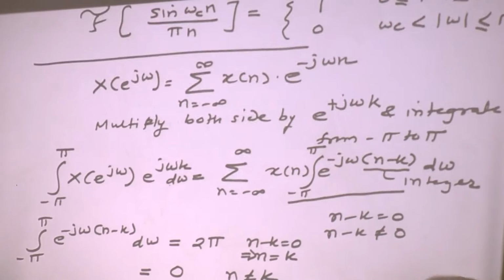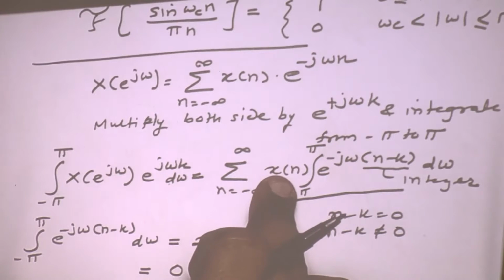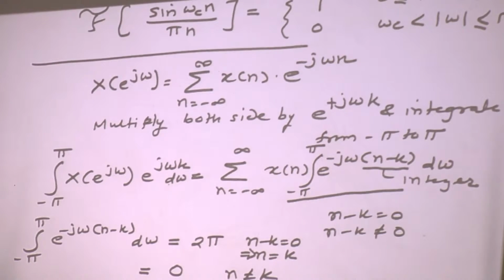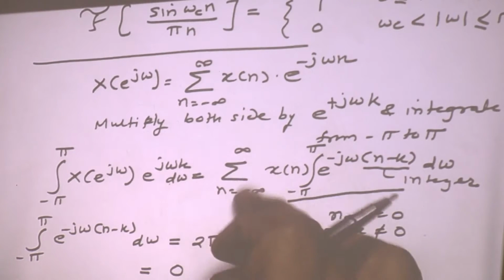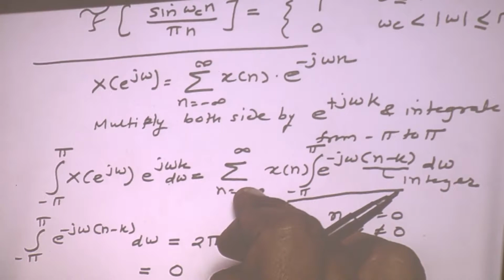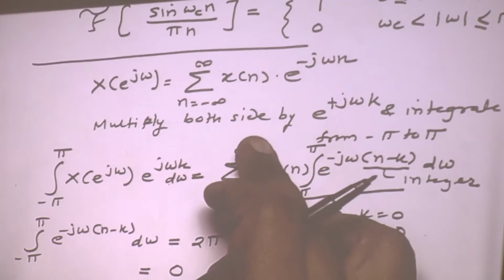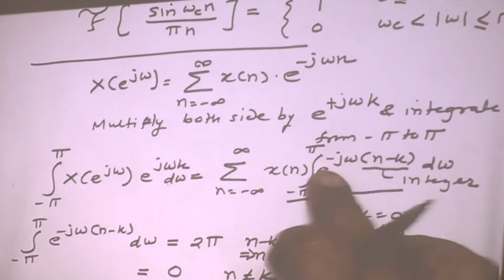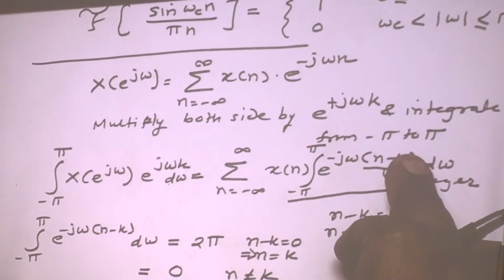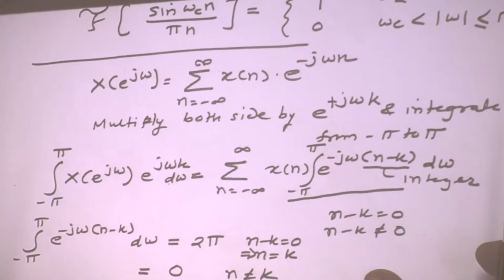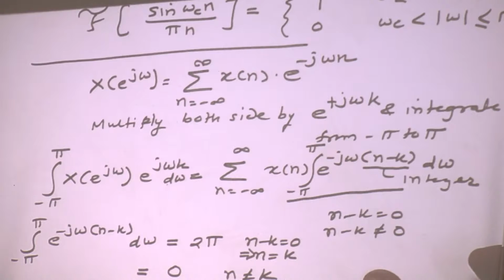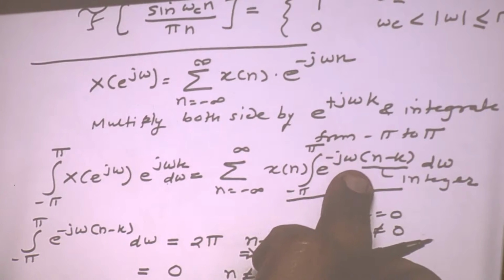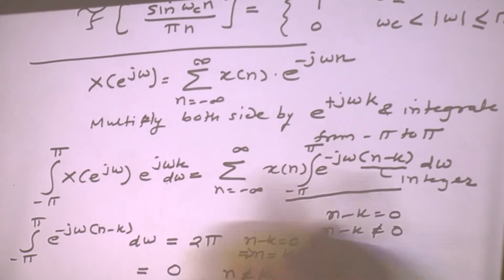And thus, substituting this result here, the summation over k is any value between minus infinity to plus infinity. So this value is going to be equal to 0 for all values of n minus k not equal to 0, or it means n not equal to k. That means this summation will have 0 value.